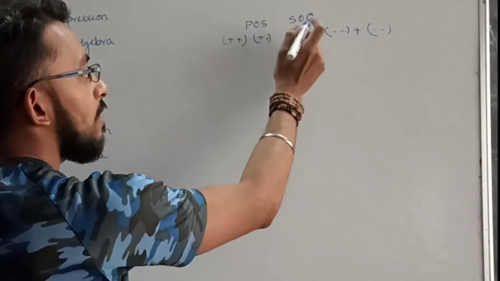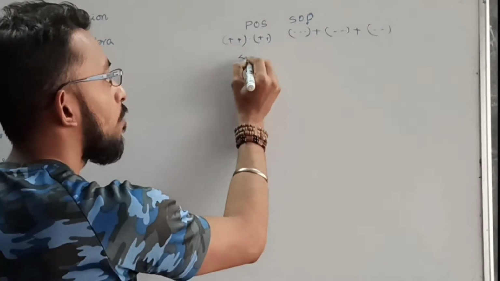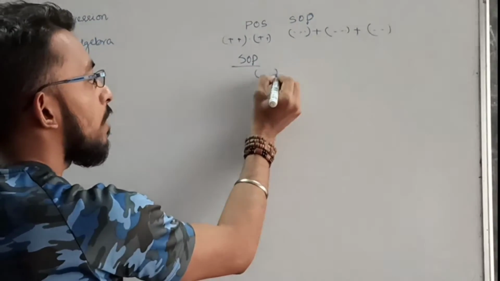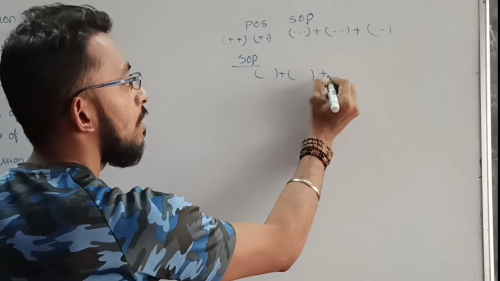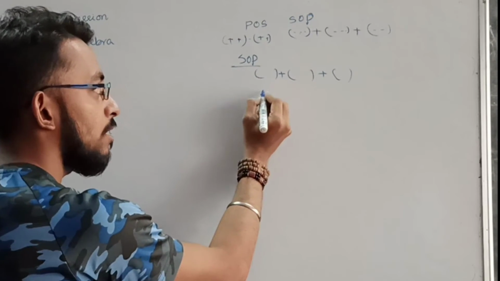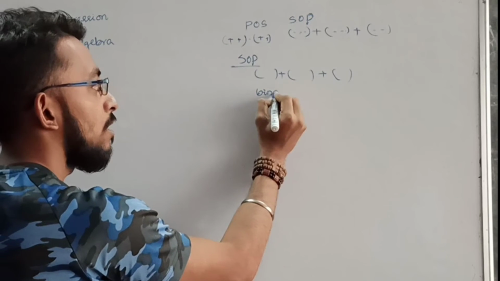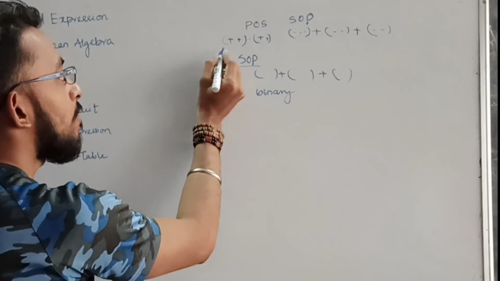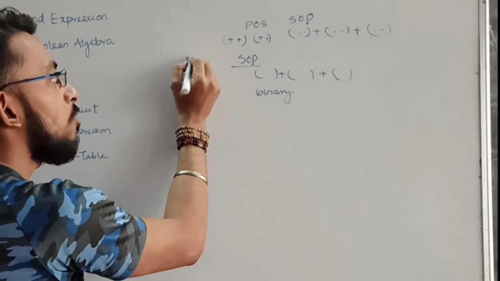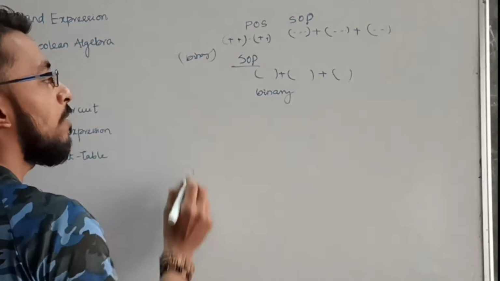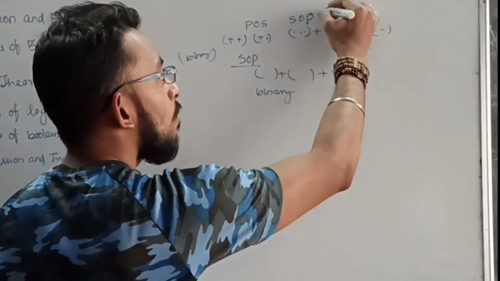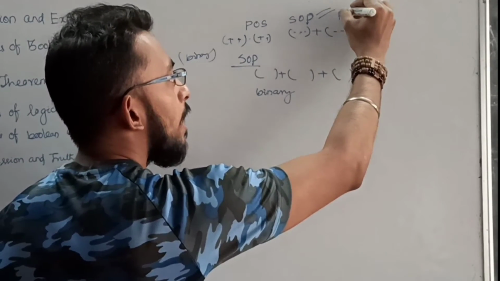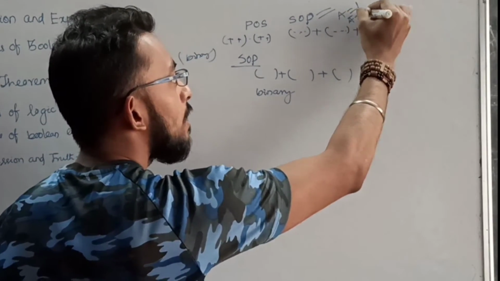So let's first suppose I have a SOP. Can you represent this SOP into binary? Similarly for POS, can you represent the POS into binary? Yes, we know how to represent POS in binary. For SOP, you have to look at each literal: A means it is 1, A bar means it is 0.